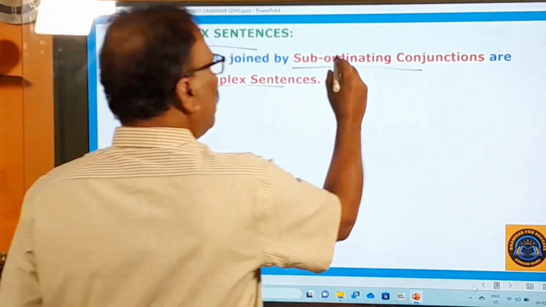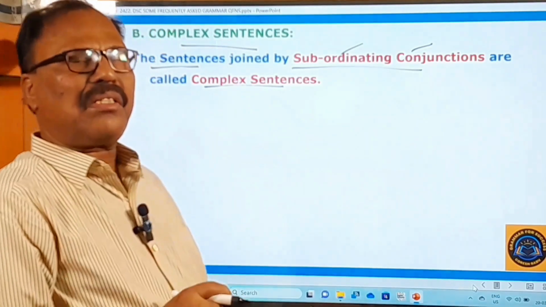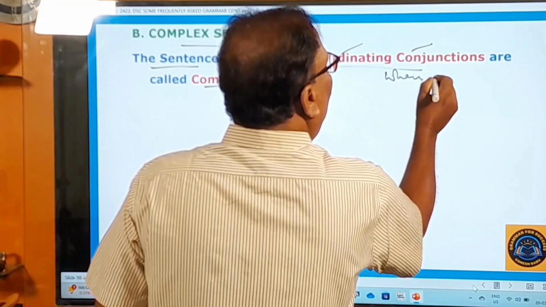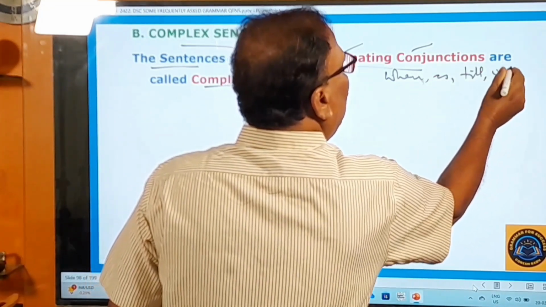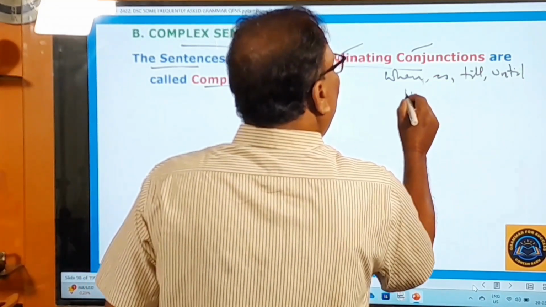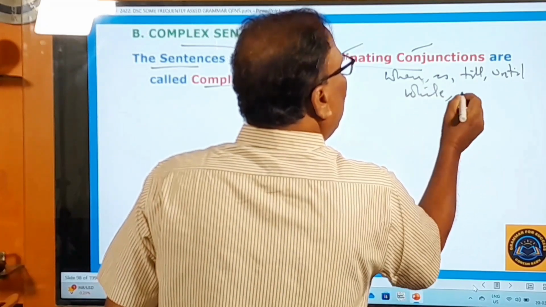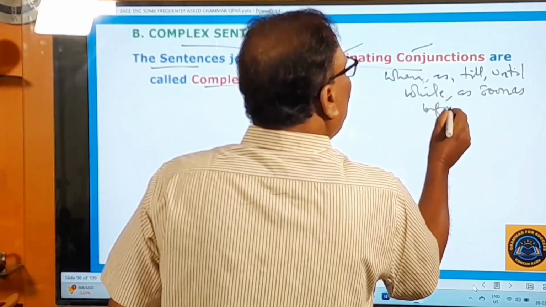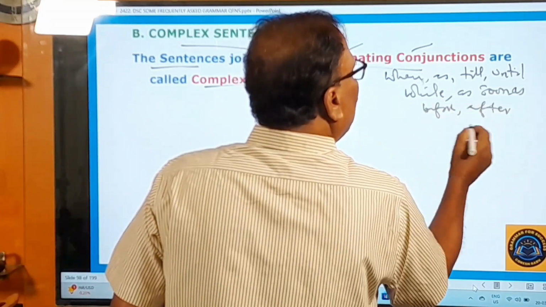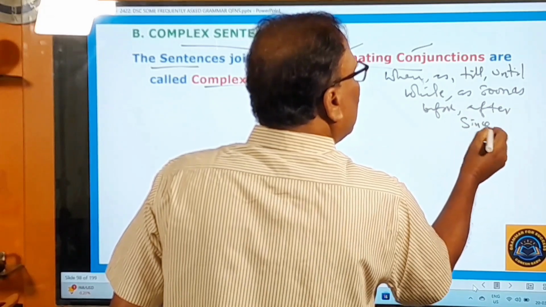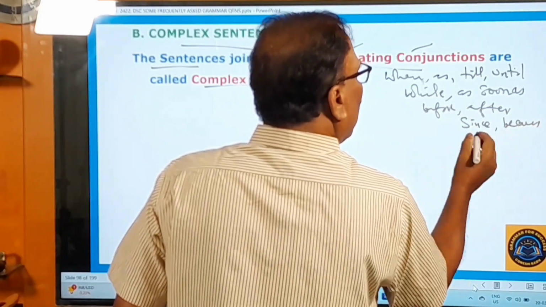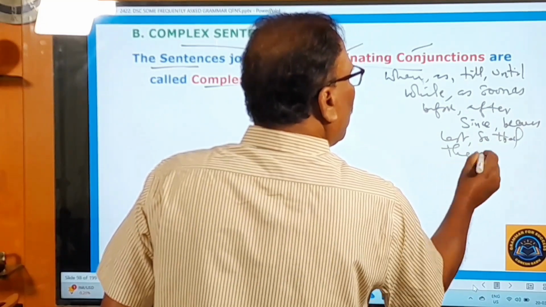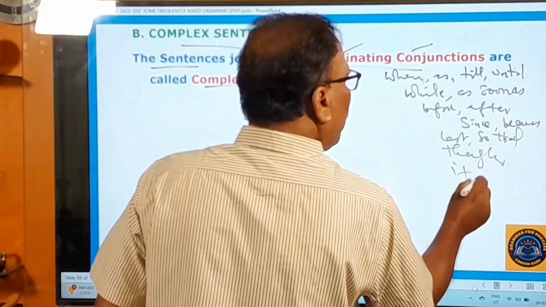You know very well about the subordinating conjunctions. What are the subordinating conjunctions? Okay, when, as, till, until, while, as soon as, before, after, and since, because, lest, so that, though, although, if, unless.